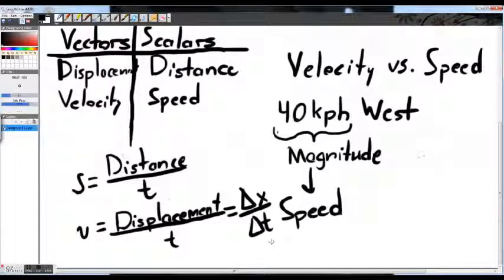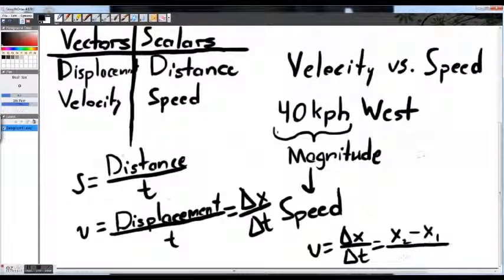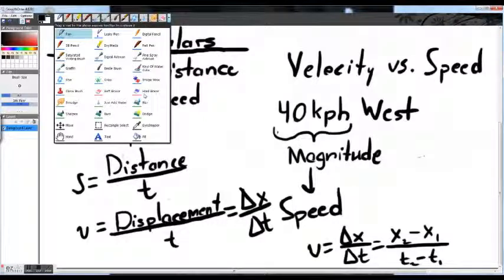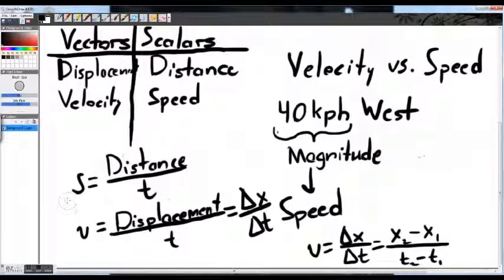Because it's displacement over time, we can write it like this. So v will equal delta x over delta t, or x2 minus x1 over t2 minus t1. And this velocity is really just an average over an interval of time. So think about it this way. If we say a car traveled, this is how we would calculate velocity. Let's go ahead and erase this right here.